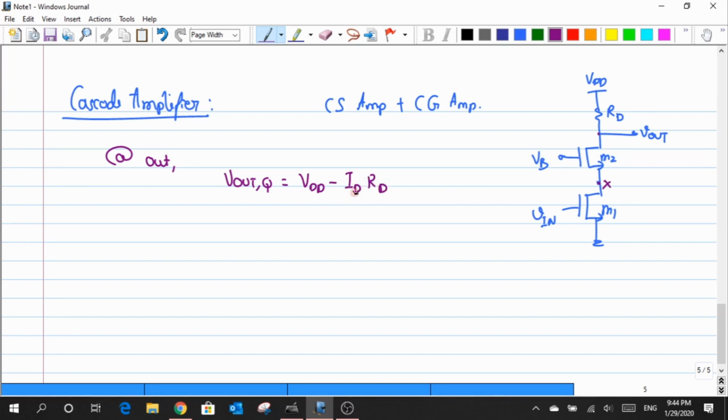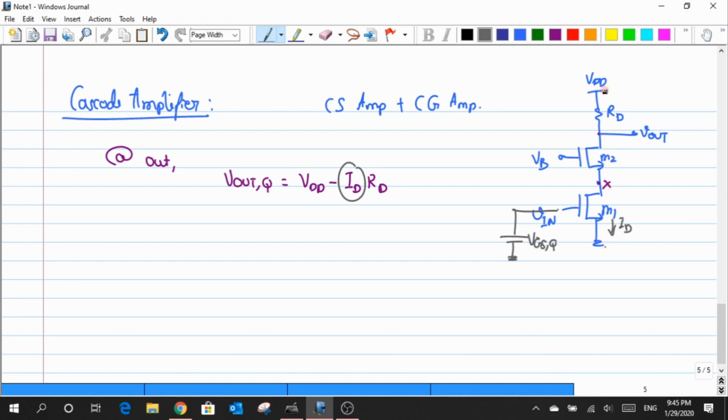Now one has to imagine that the value of this ID is defined by the bottom transistor. It's always so. There is supposed to be a fixed DC VGSQ, right? This fixed value of VGSQ defines a current ID, and that current has to flow through the resistance, through M2, through my M1 to the ground.